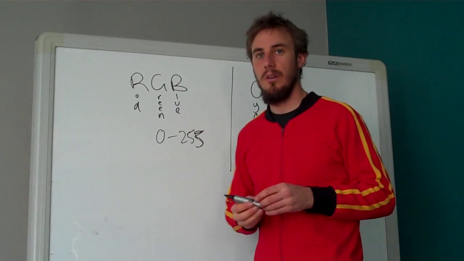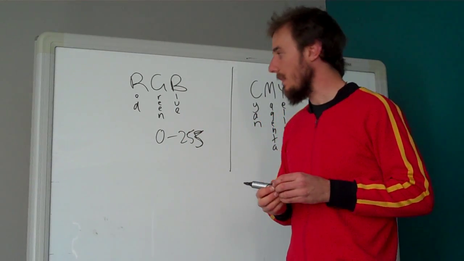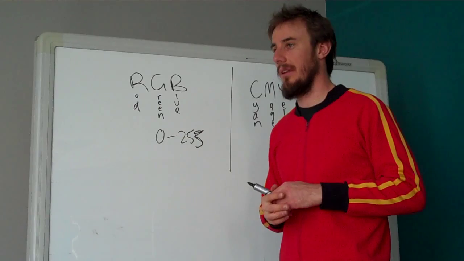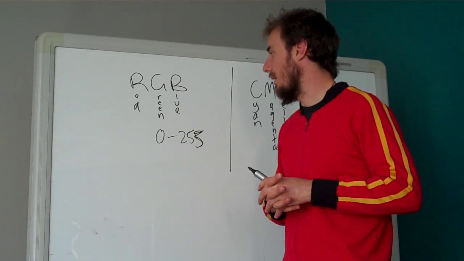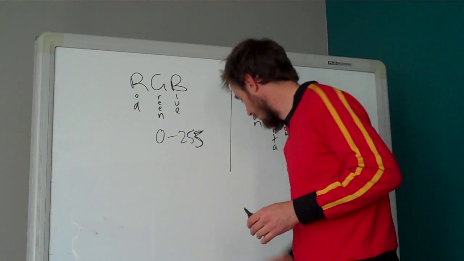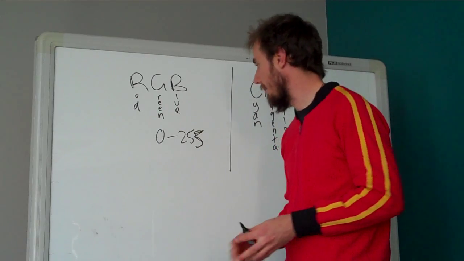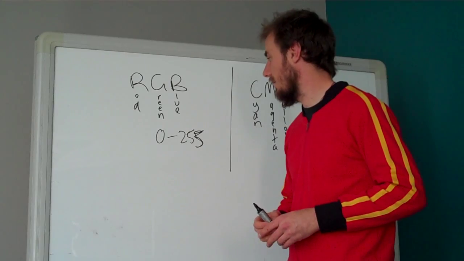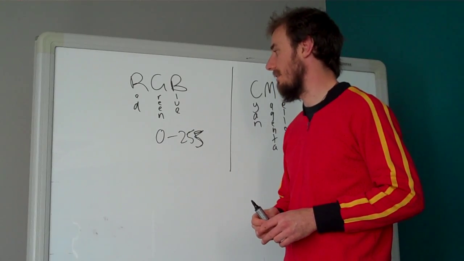Now your photograph out of your camera comes out with a range of colours, and their kind of brightness is determined by these numbers that are generated.